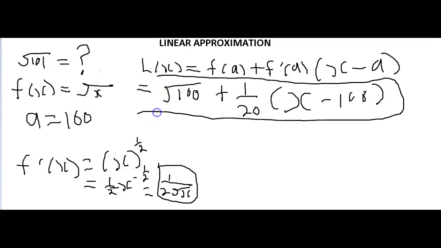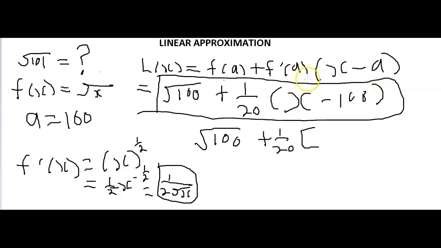After I do this, I need to put in the number which I want. I want 101, so you just need to put 101 into x. To do that, it's simple. You rewrite the equation with 101 in x. So the square root of 100 plus 1 over 20 times x minus 100.